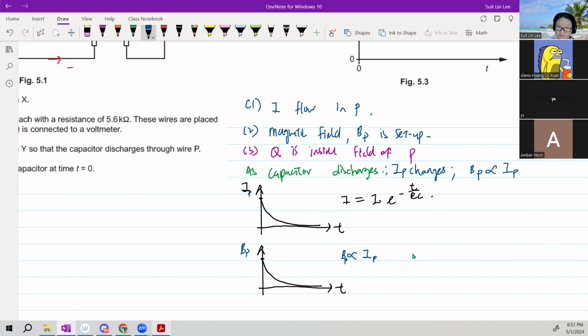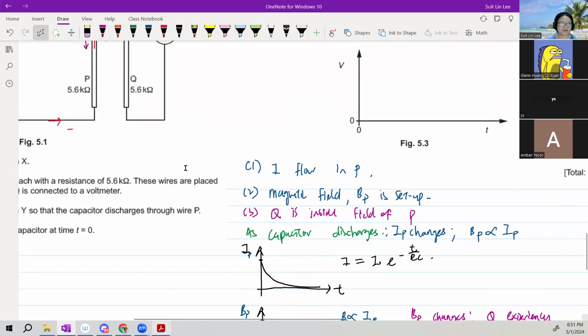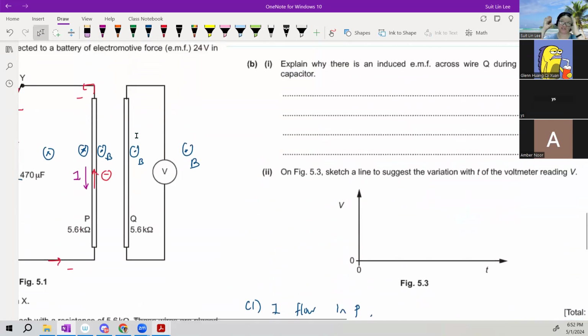What about flux? Because Q is inside the field of P, which also implies as BP changes, Q also experiences a change in flux because the flux of Q is equal to BP times the area. If you ask me what area, it is actually the surface area.